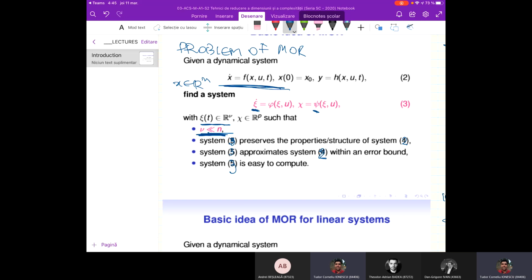I will kindly ask you to look for references, for some papers in your literature on economic models or on model reduction which people have already applied in economics, and compare them to the ideas that we present here. For you, this could be your project for the exam as well.